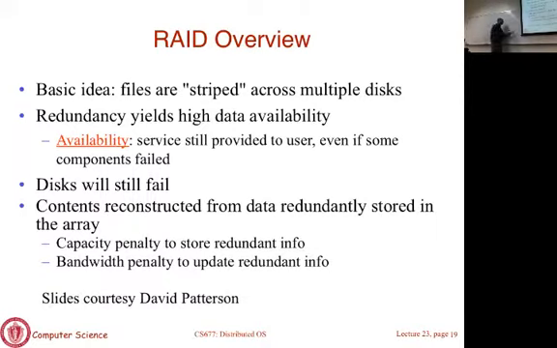Or files that are stored on this disk see heavy load, but these disks are not seeing any requests because all the users are accessing files stored on this disk. So if you use a partitioning-based approach, you are going to get imbalances and skews, because the OS doesn't know a priori what the users are going to do, where they will create the files, which files are going to get accessed, and so on.